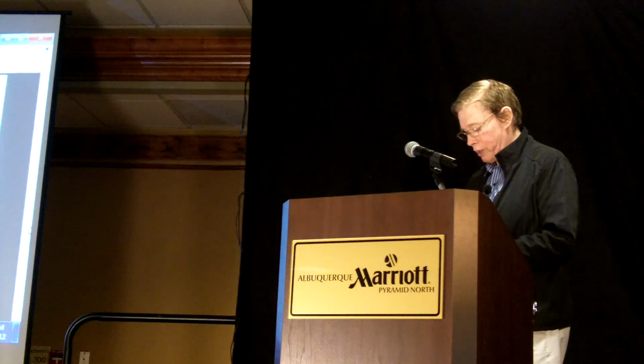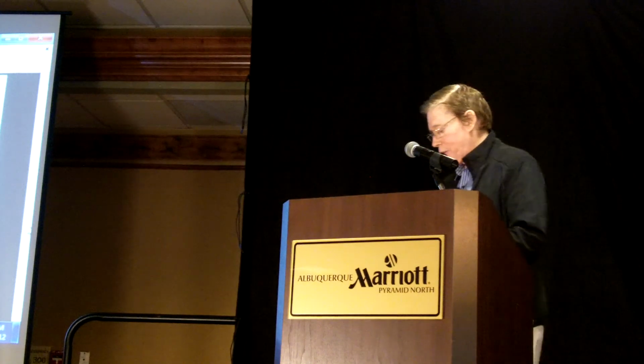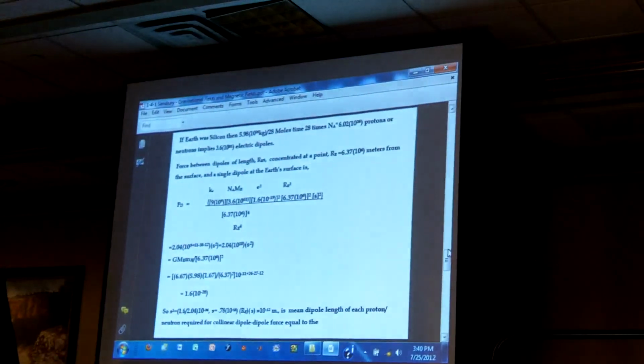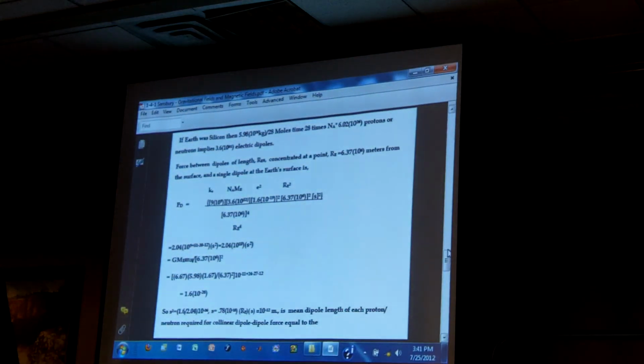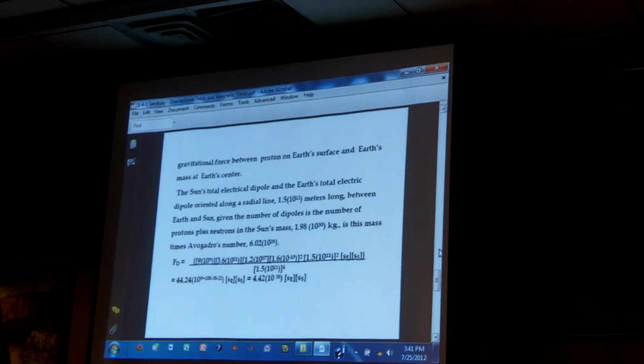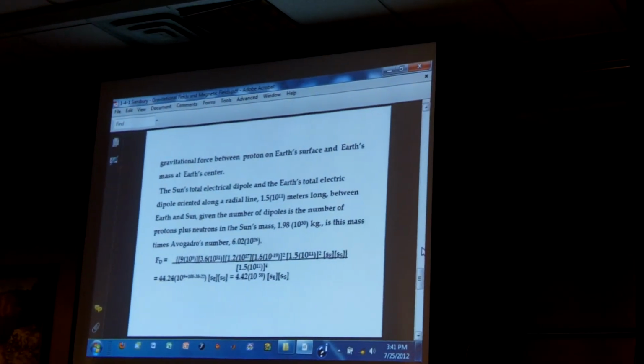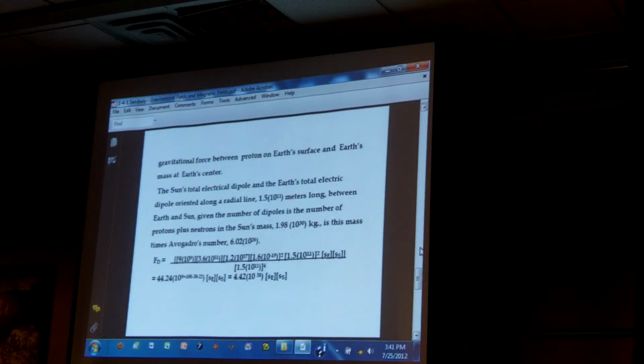Okay, so now can we do the same thing for the sun? The sun's gravitational effect on the Earth. Yes, we can do the same thing for the sun. And here's the electric dipole force for the sun, and we have here S sub E, the unknown for the Earth, which we know is, let's say, 10 to the minus 11, and S sub S is this unknown for the sun.